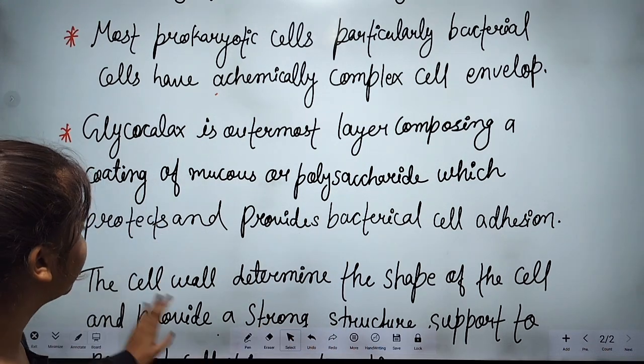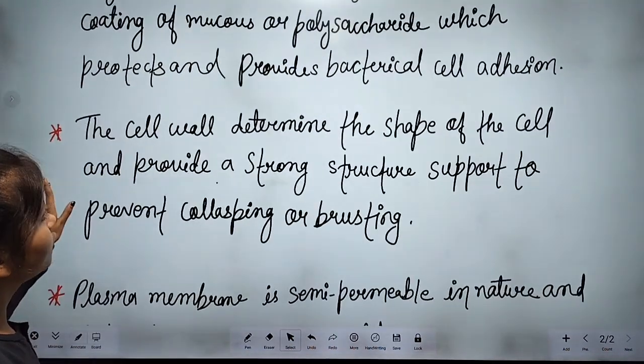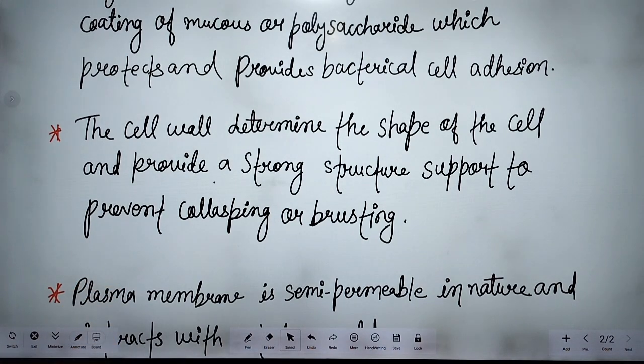Now after that, the next point is that the cell wall determines the shape. What is the function of the cell wall in the bacterial cell? Because the glycocalyx is harder than the cell wall, what is the use of the cell wall? The cell wall is used to determine the shape of the cell and also provide strong support to prevent collapsing or bursting.